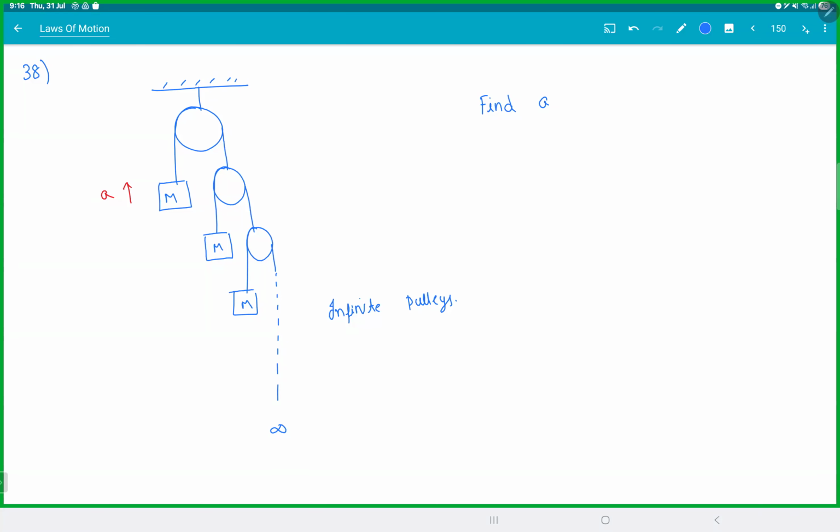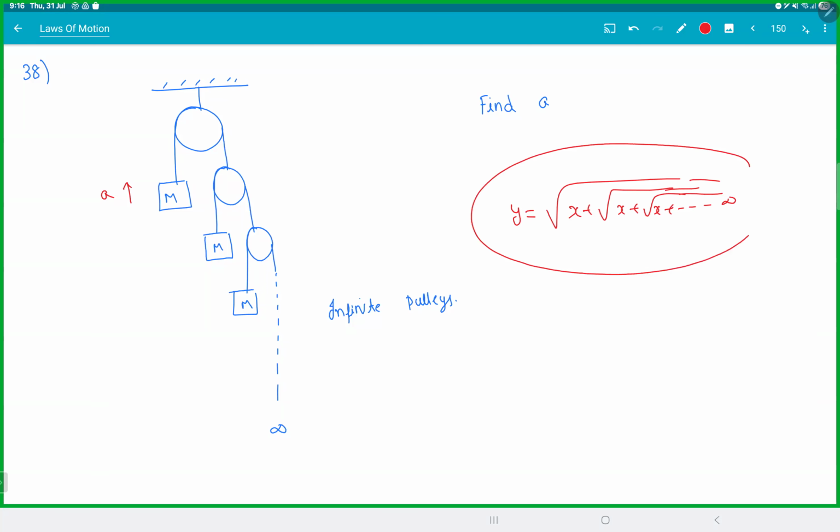This problem is actually inspired by a math problem. Did you guys do this problem in maths, maybe in school? y is equal to root over x plus root over x plus root over x plus and so on till infinity. Did you do any question like this? And then the question was find y. Now think about it. This problem was actually inspired from this mathematical equation. You will see something similar to this again in resistors later on.